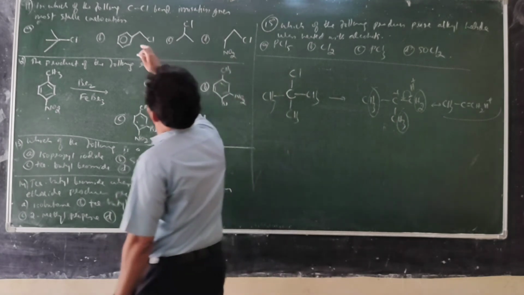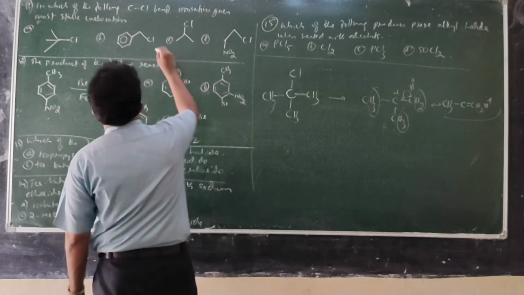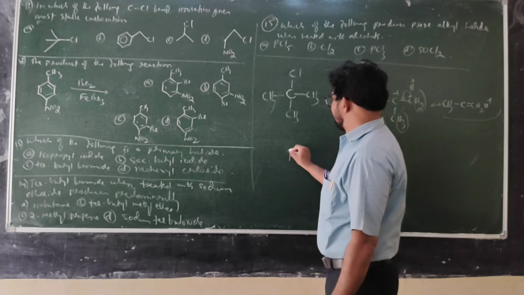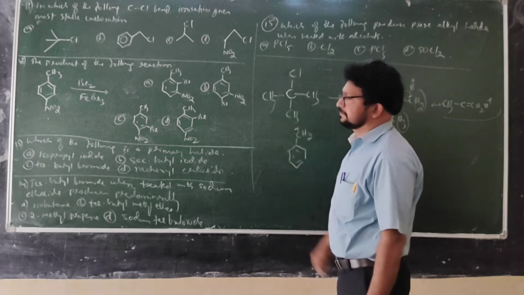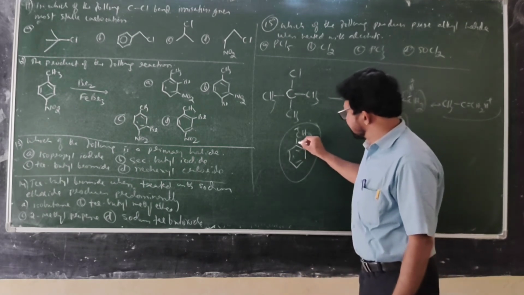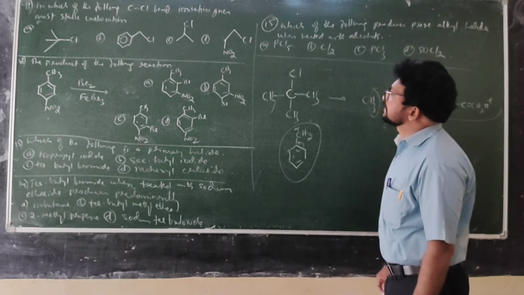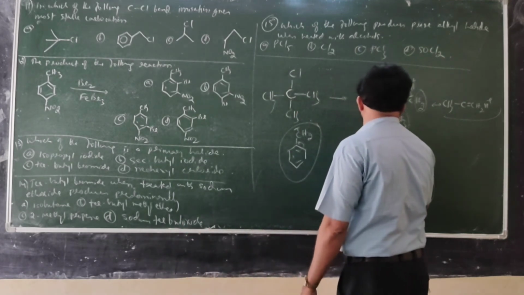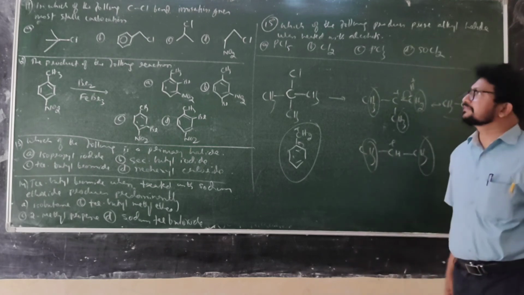When you come to benzyl chloride, this is stabilized by the benzyl carbocation, that is CH2, by resonance effect. Here, this is a secondary carbocation, CH3CH, stabilized by hyperconjugation due to 6 hydrogens.